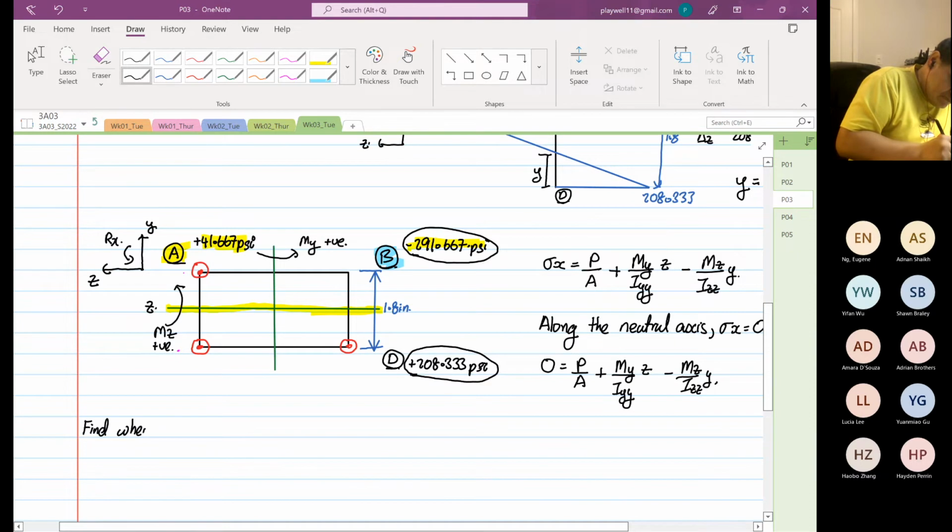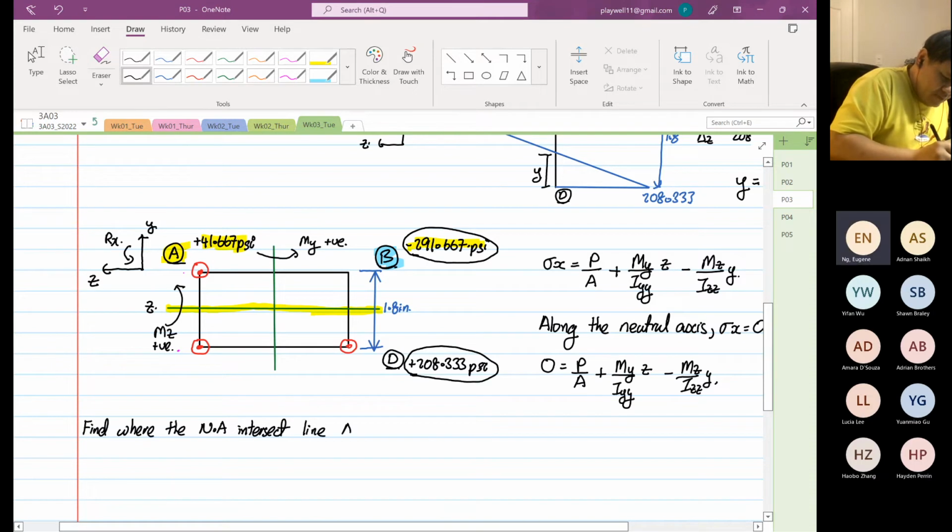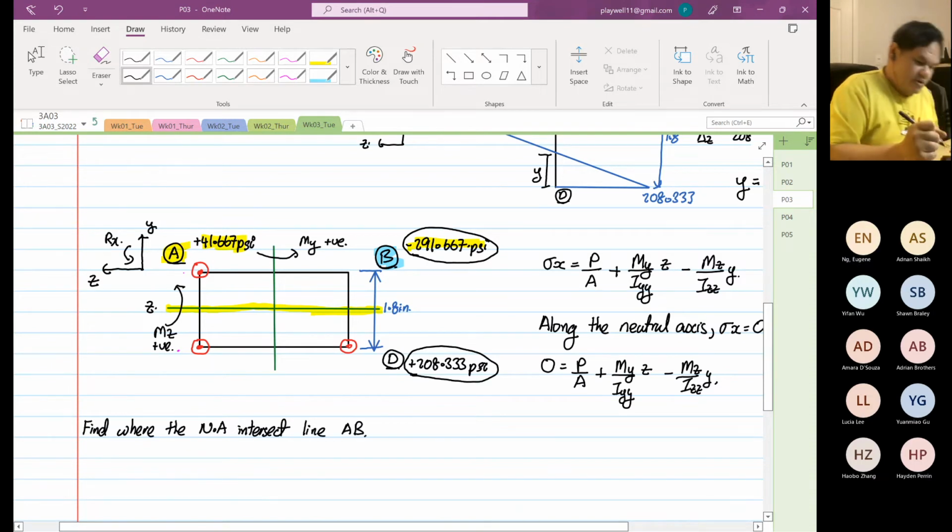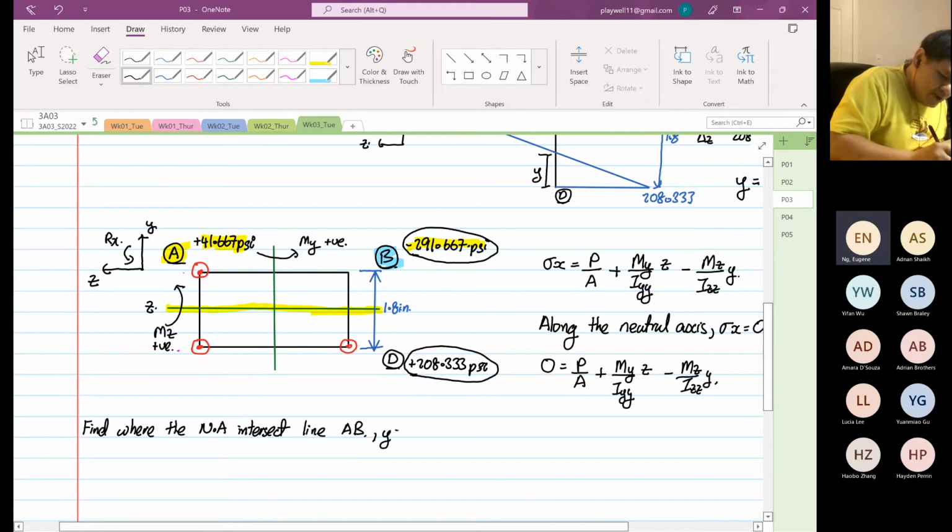where the neutral axis intersects line AB. Okay, so we know on line AB, y is equal to positive 0.9 inches.